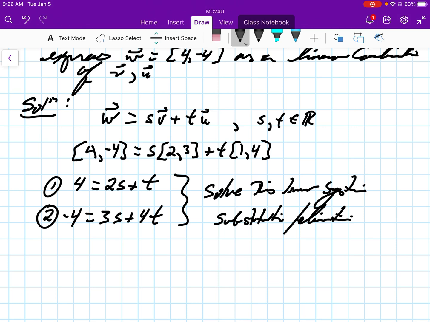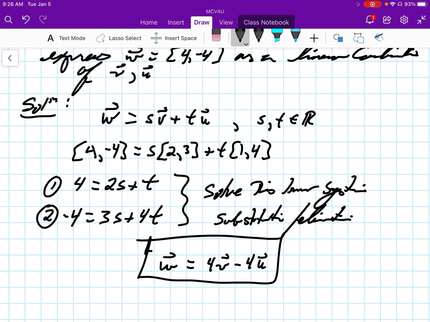All right. So when you do this, you should find the s and t work out so that you have 4v minus 4u. Okay? And that's the process. All right? So that's everything there.